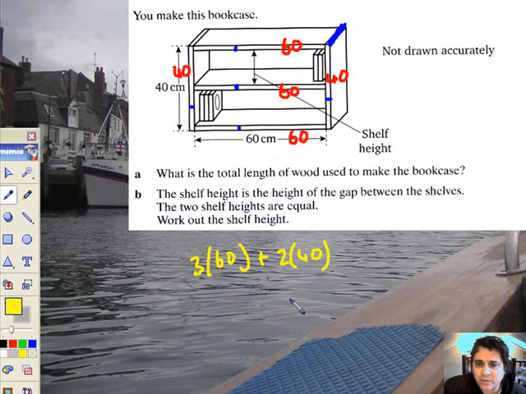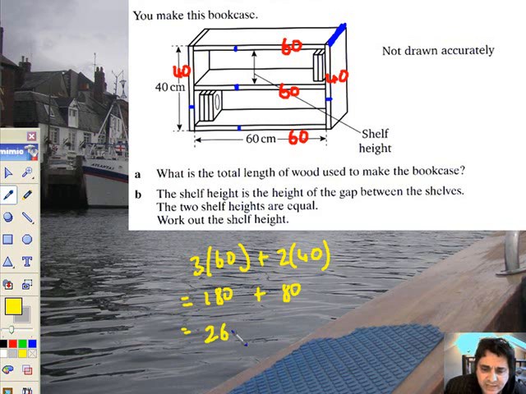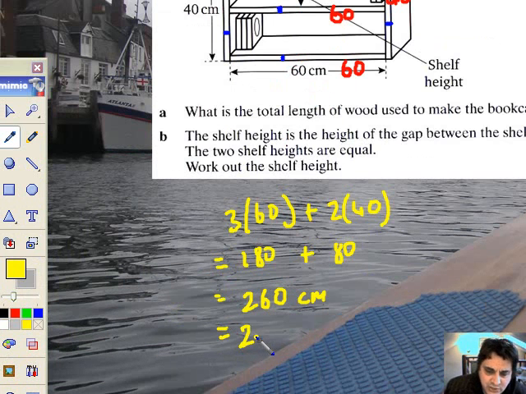There's no mention of having wood at the back, so 3 60s, 180, 2 times 40, 80. Altogether, 18 plus 8 is 26. I've got 260 centimeters worth of wood. Sorry, not meters, centimeters. Therefore, I'm looking at 2.6 meters total length of wood.